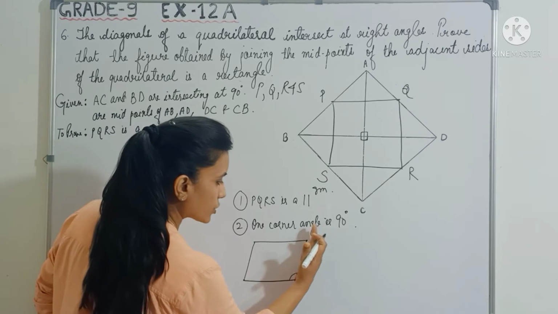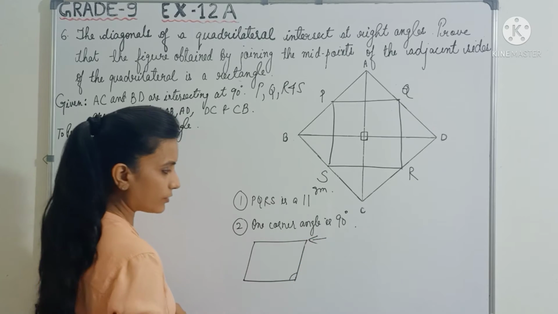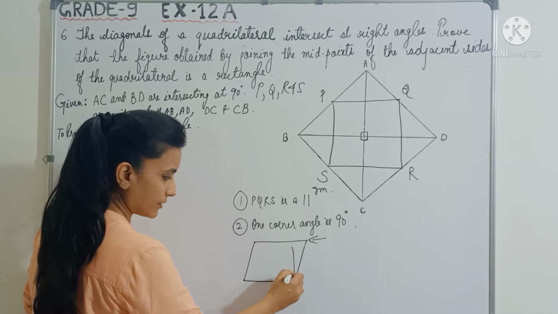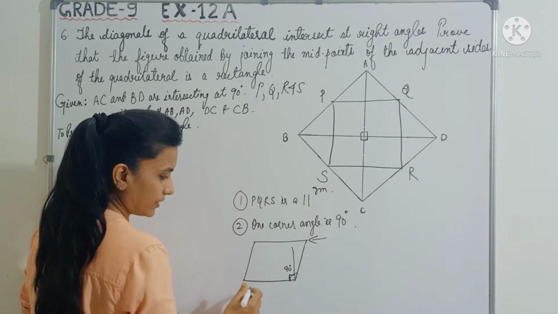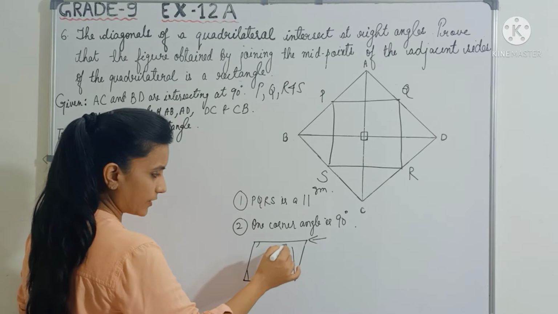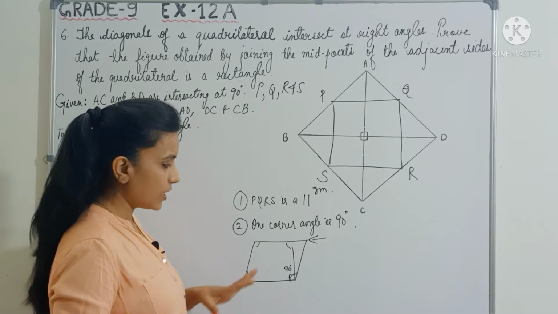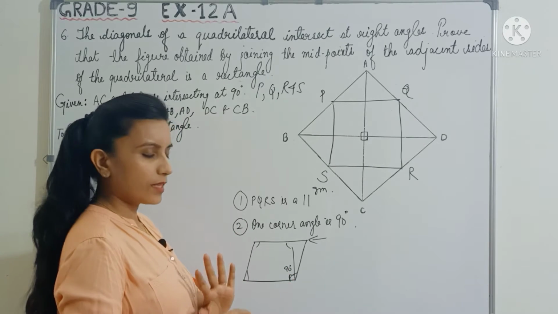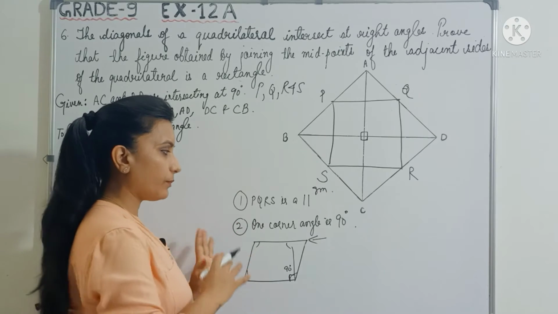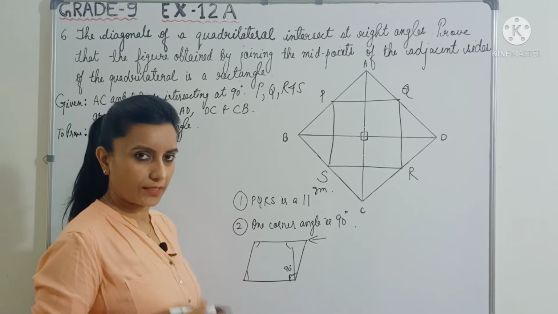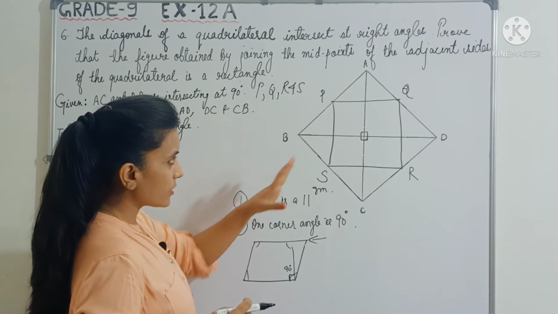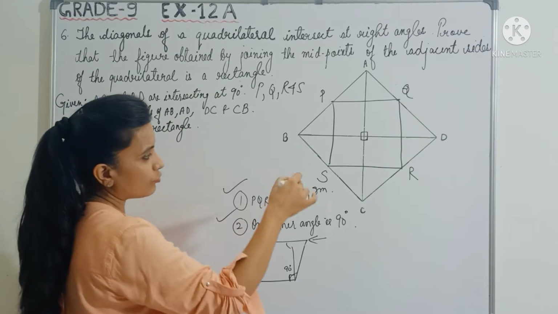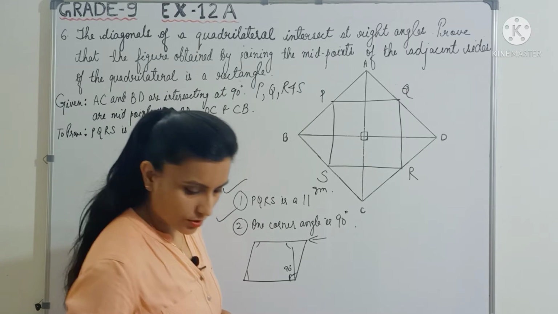Now if you try to push this parallelogram so that this angle becomes 90, don't you think the remaining angles will also become 90? So if you show any one angle is 90 degrees, that is enough to say that the parallelogram becomes a rectangle. So in this question we will show these two things, and then we can say that PQRS is a rectangle. It's very simple.